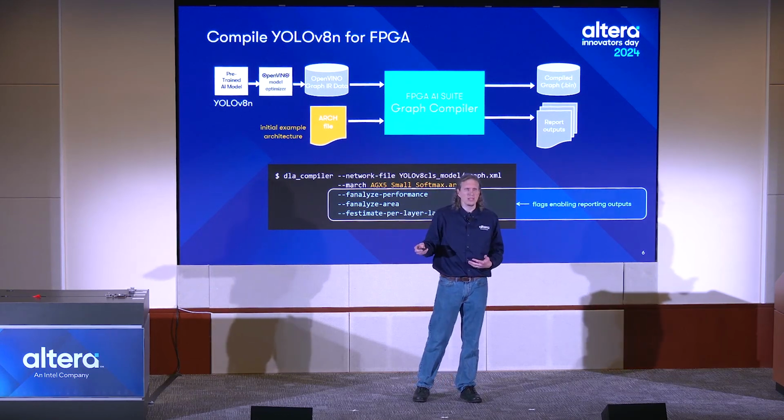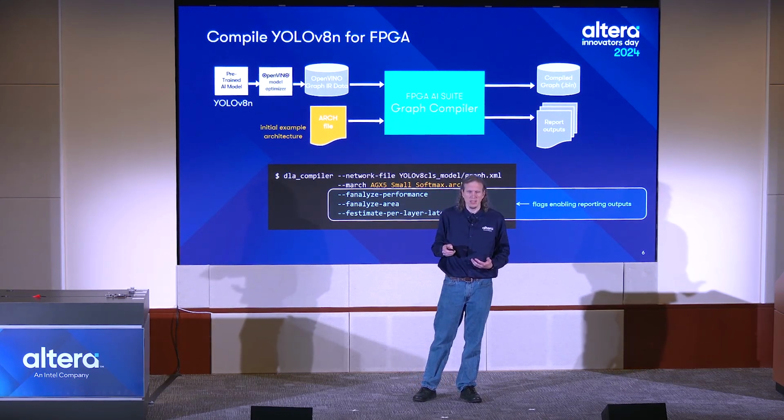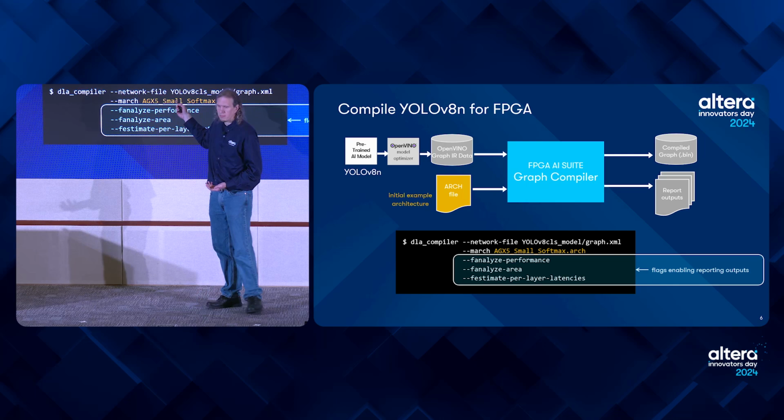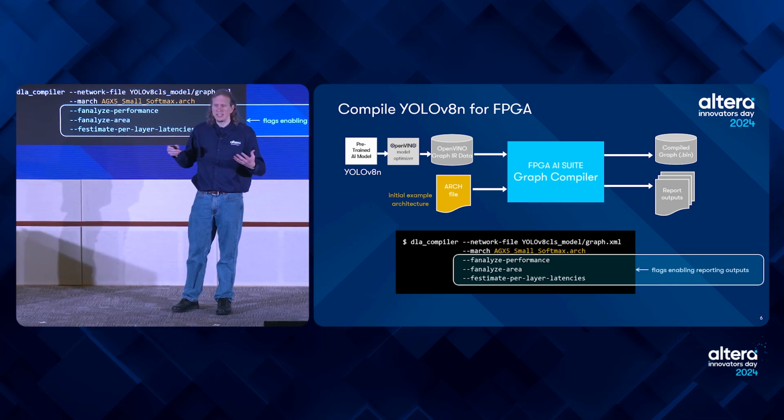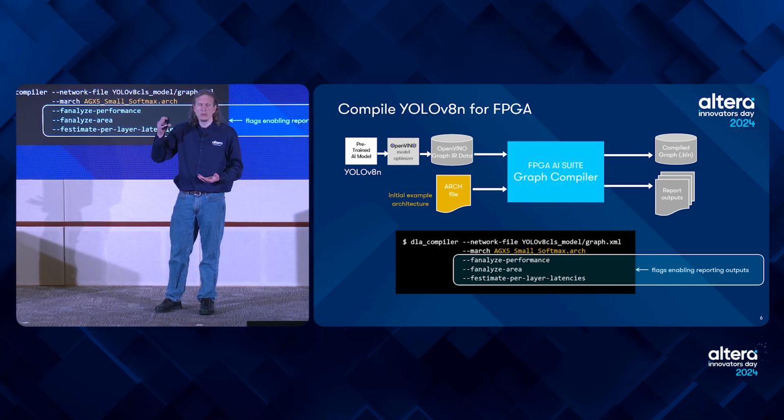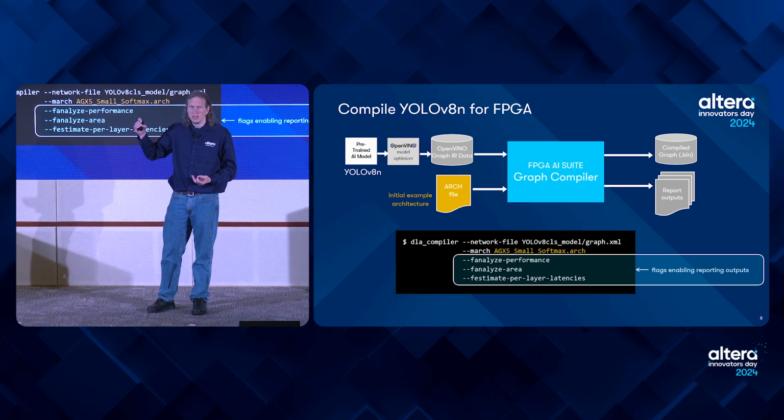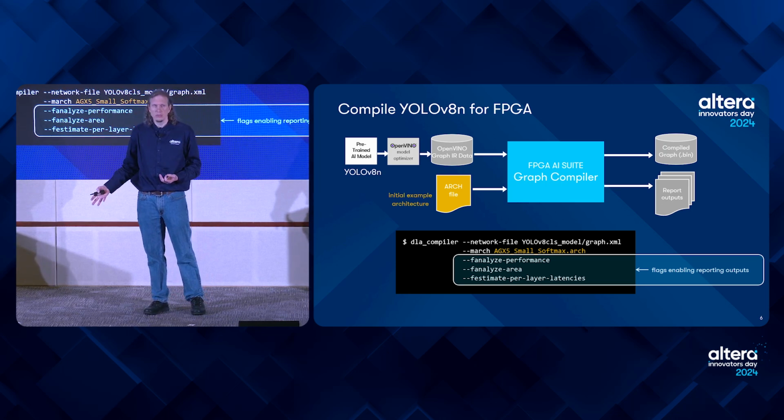The compiler will accept this intermediate representation as one of its inputs. And then it's going to create an instruction stream which includes all of the graph weights. This instruction stream is used to control the IP that's on the FPGA, and it will enable that IP to execute inference operations on the FPGA.